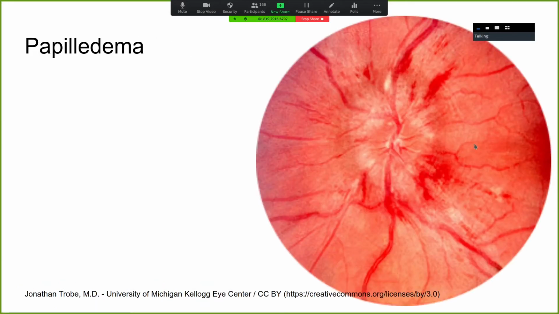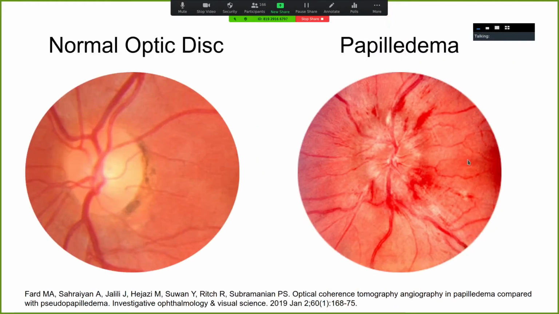This is abnormal. This is a swollen optic disc. They would present in what I showed you earlier, a very enlarged blind spot, if not very blurred vision, like 20/200 already on visual acuity. So here's a side-by-side showing that this is not a normal optic disc.